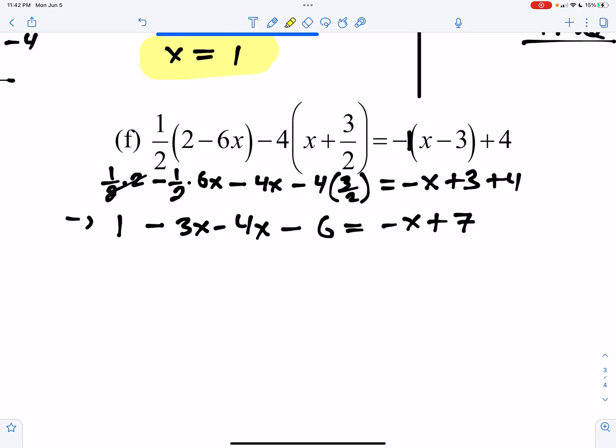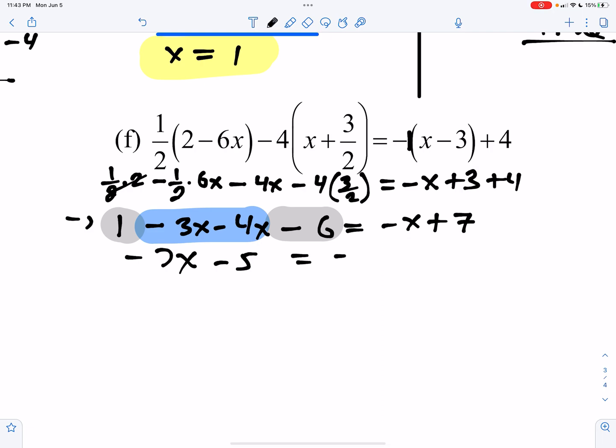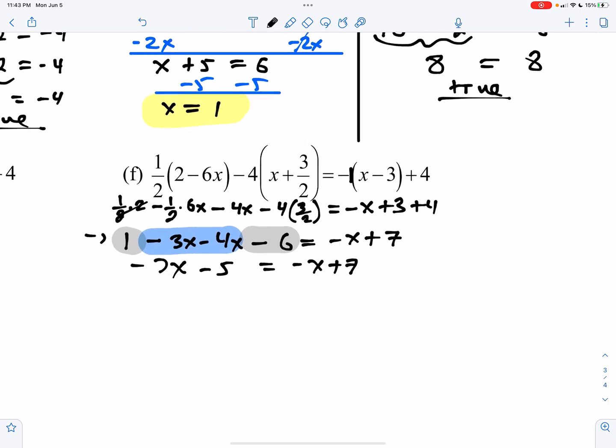Okay, let's combine terms. 1 minus 6 is -5. And then here, -3x minus 4x is -7x. So -7x minus 5 equals, over on this side we have x plus 7.